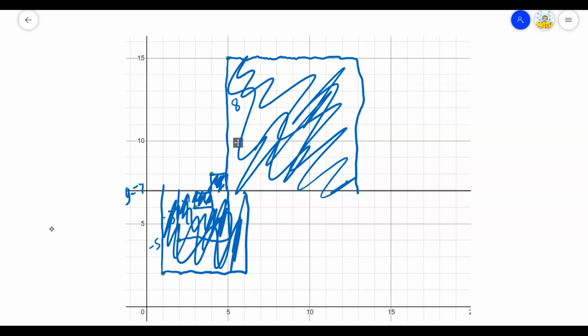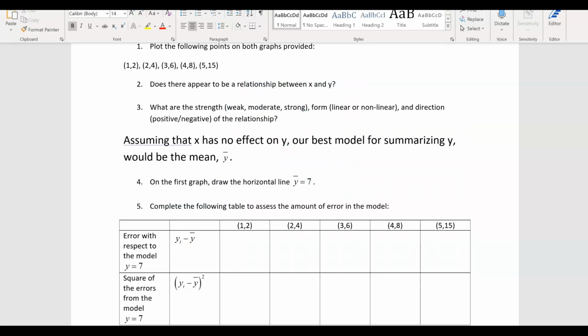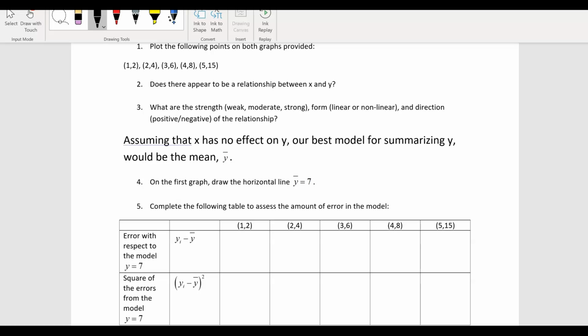But what we find is the total error in this model, if I come back to my table here, we're taking our y value, which is in this case 2, minus 7, and we said that that was negative 5. We're going to square that, so that's 25. Okay, 4 minus 7, that's negative 3, right?